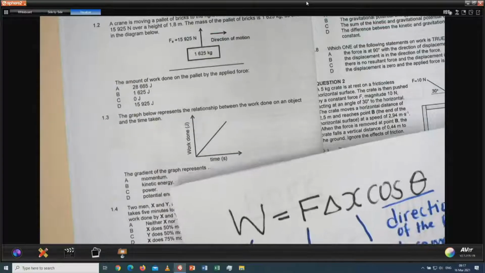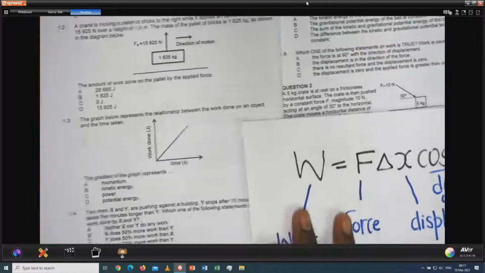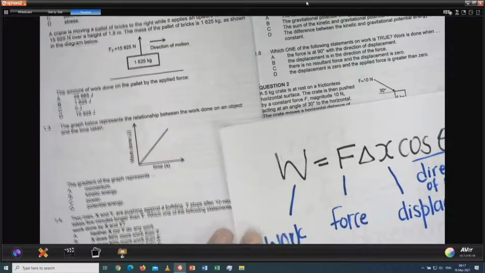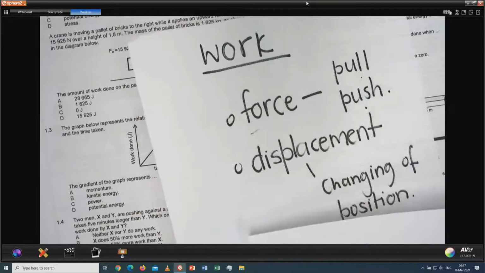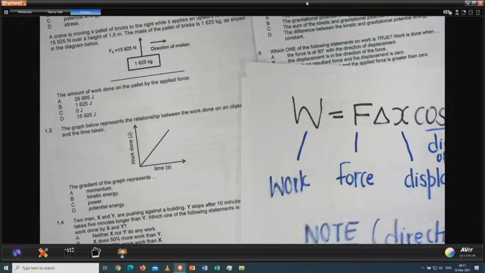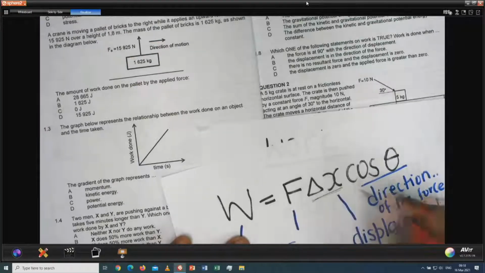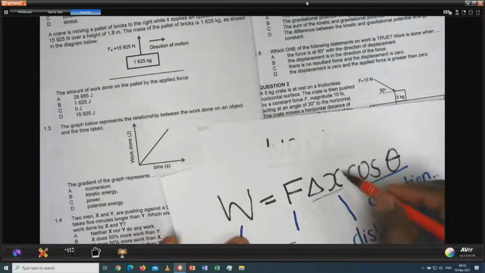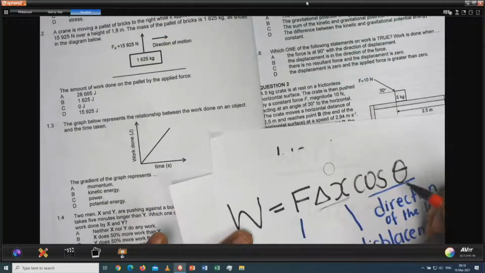So we said that in order for work to be done, the object must change position. Now here, as they are pushing on the wall, there is a push, so a force is involved. We've got a force, which is a push, so the force is there. And then there is no change in position. The change in position is 0.